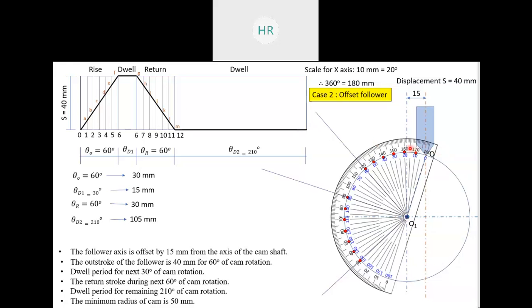Why are we dividing this into 6 equal parts? Because we have drawn the displacement diagram such that the rise portion is divided into 6 equal parts, and the return portion is also divided into 6 equal parts. That is why I am dividing this angle also into 6 equal parts.